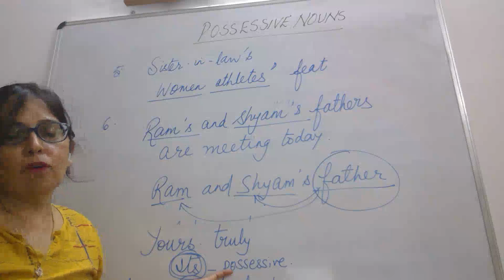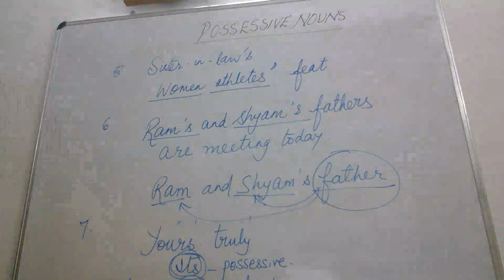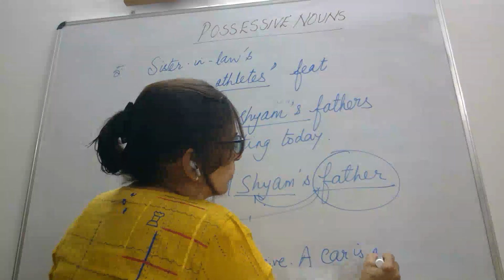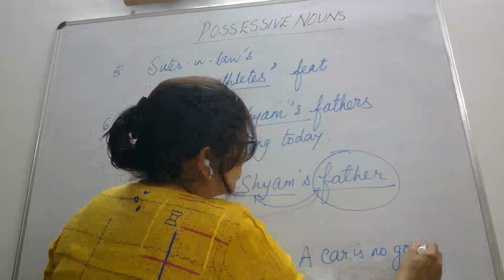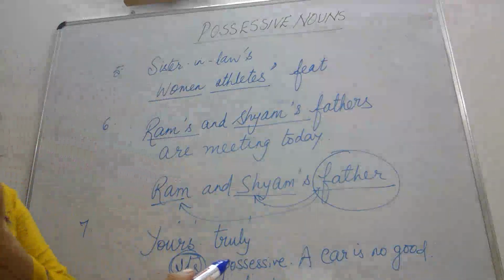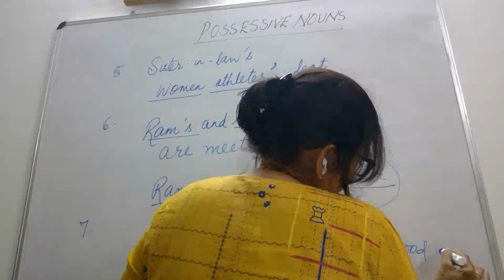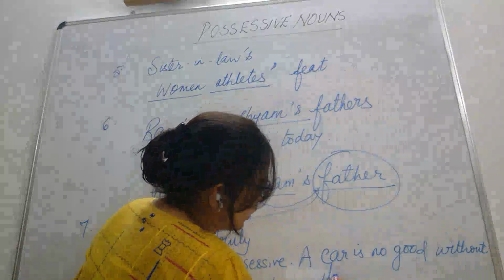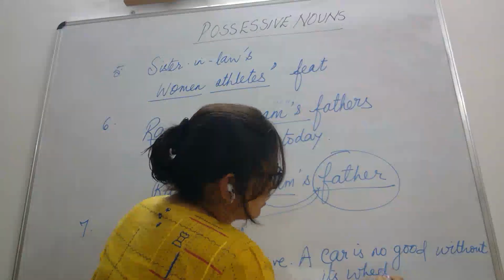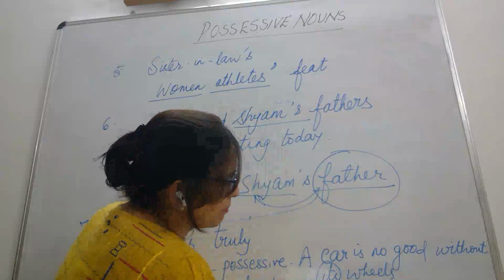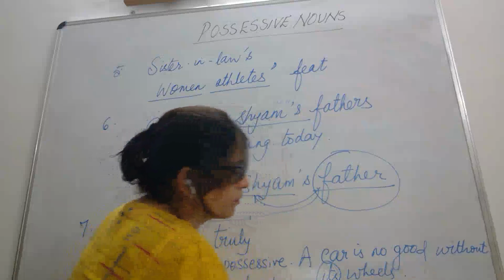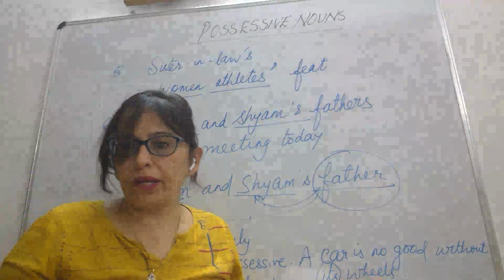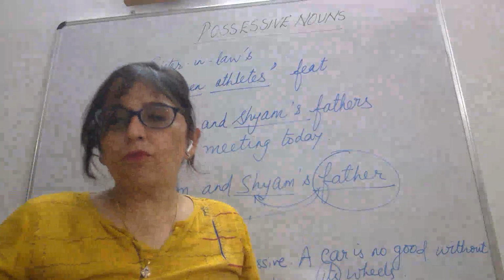Remember. Okay, for example, a car is no good without its wheels. Here, this is the indication of possessive. Okay, its wheels. Whose wheels? Car's wheels. Right?